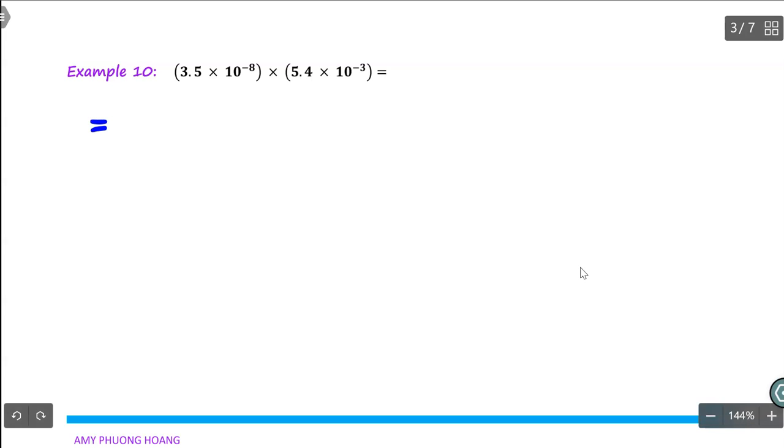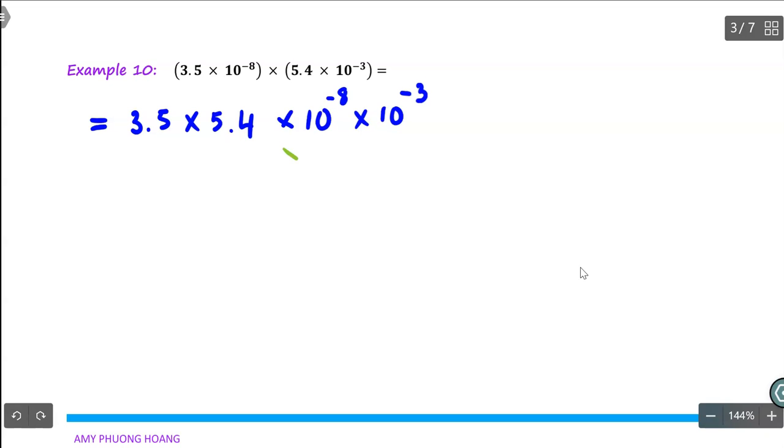Now I will write 3.5. You multiply the decimal notation with the decimal notation, then you write the powers with the same base side by side. Because I demonstrate all the steps for everyone, I tend to write every single step here. If you want to skip and just do it in your head, that's fine.